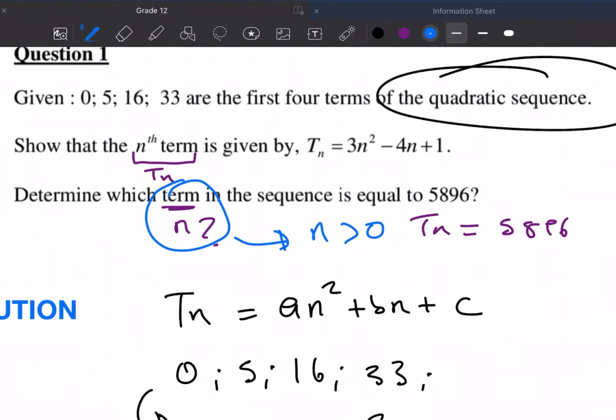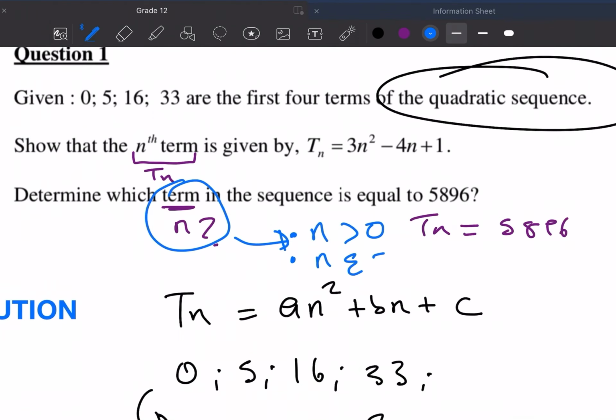Can it be 0? No. n can never be 0. So n is always positive, can never be 0 and can never be negative. Remember that.